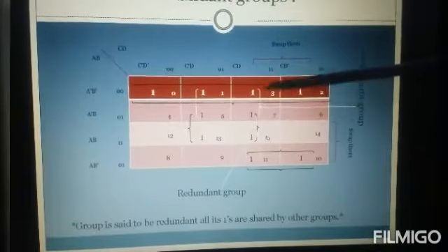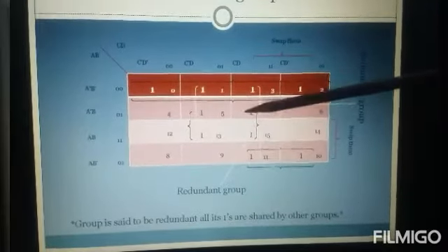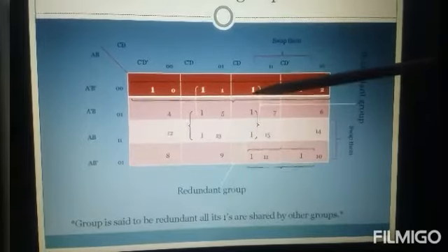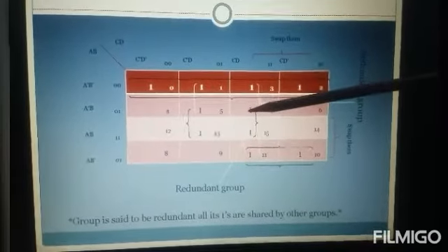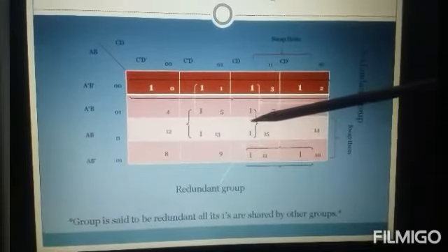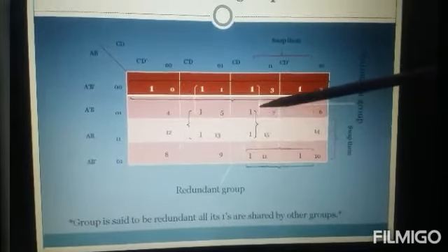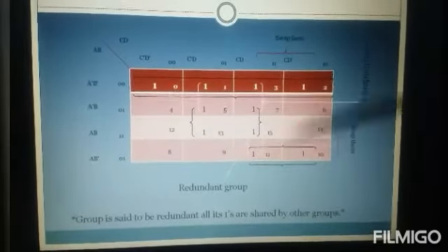If we are seeing that here all four were covered in first group, we have 2, and another group we have 2, means all 4 were covered in another group. It means it is redundant, means all ones are shared by other groups.